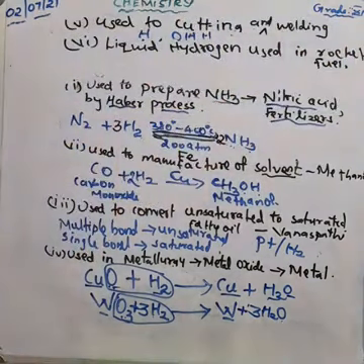Understood? Liquid hydrogen means when we apply high pressure to hydrogen gas at room temperature, we can get liquid hydrogen. This liquid hydrogen is used as the fuel for the rocket propellant. This is the sixth use of hydrogen.